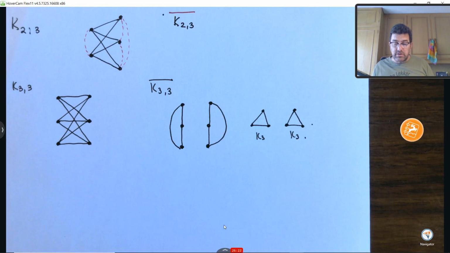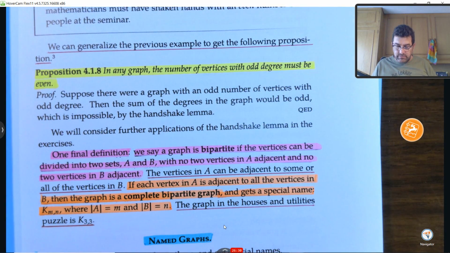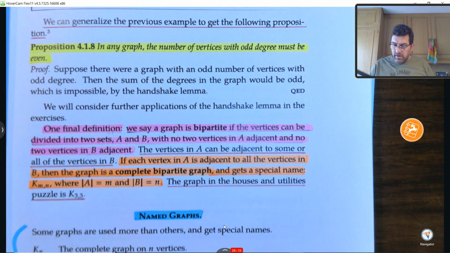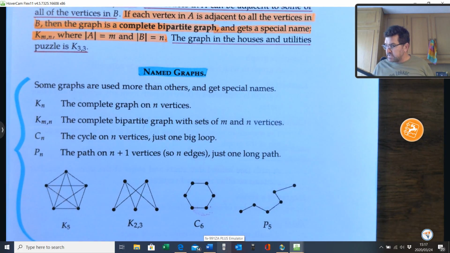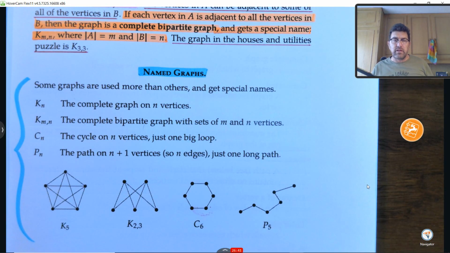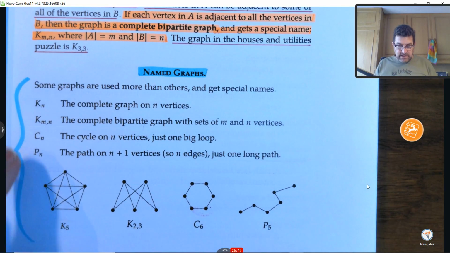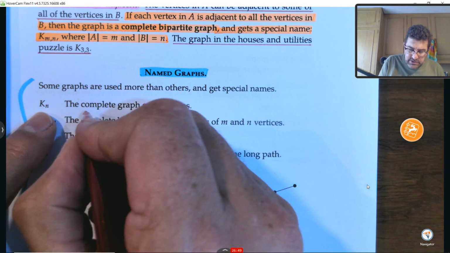Now, if you look in your book, on page 241, after the proposition, he gives names to graphs. So let's just look at those names. Kn, what does it mean? It means it's a complete graph. So there's 2 important things.